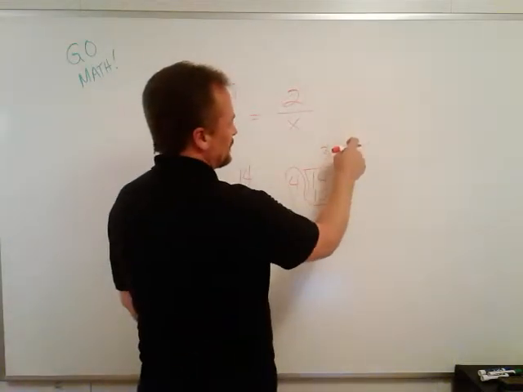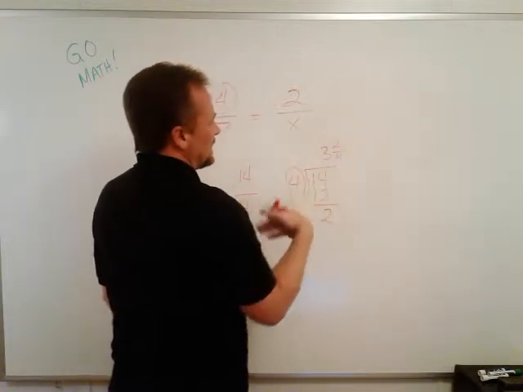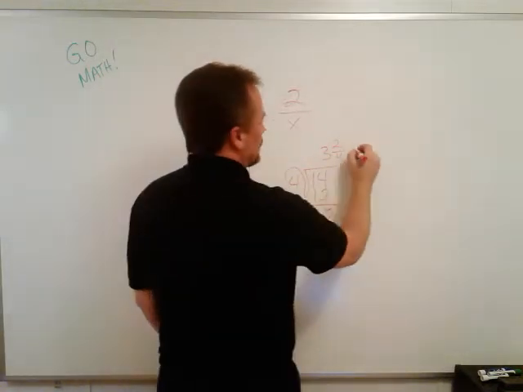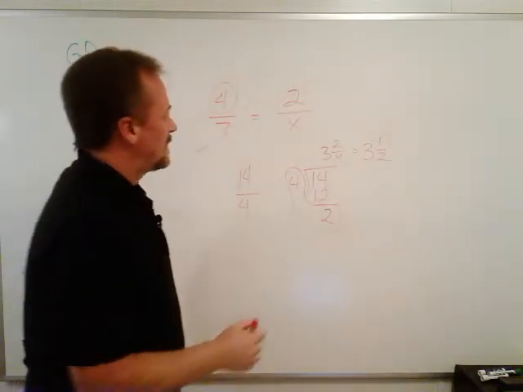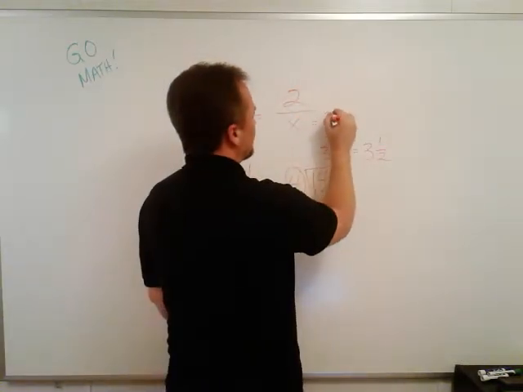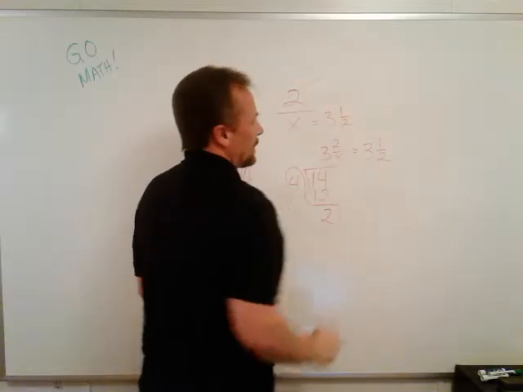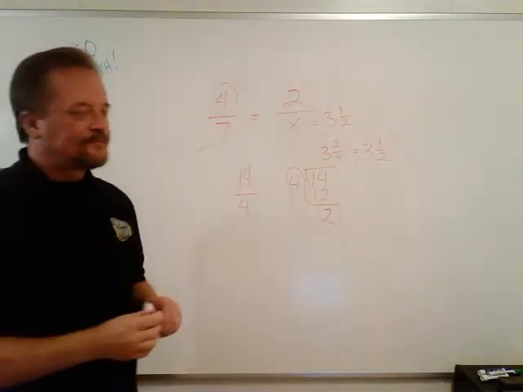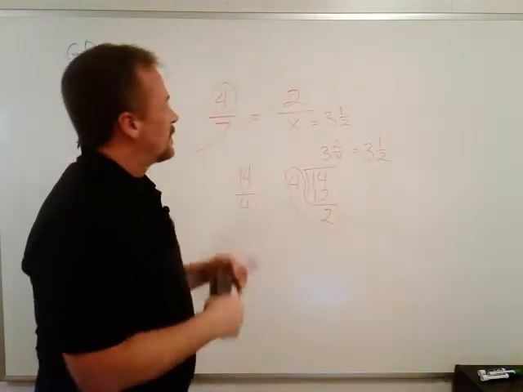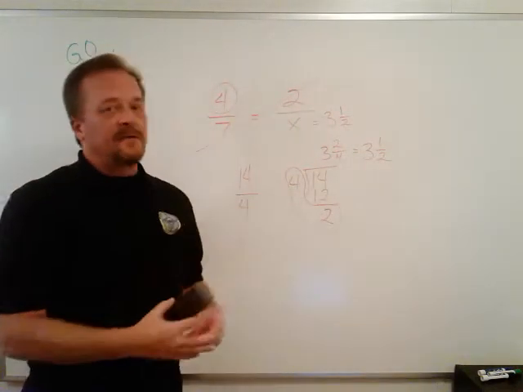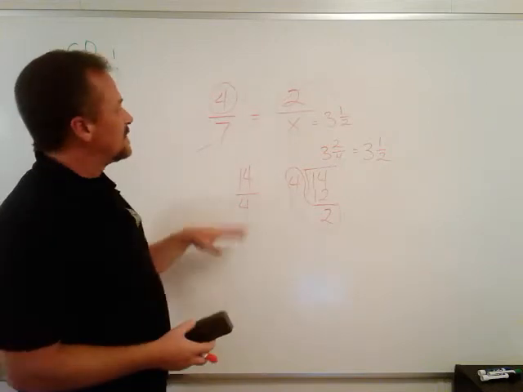And then of course, 2 over 4, 3 and 2/4 is easily simplified to 3.5. Okay, so x in this case has a value of 3.5. So that's another method for finding missing values in a proportion.